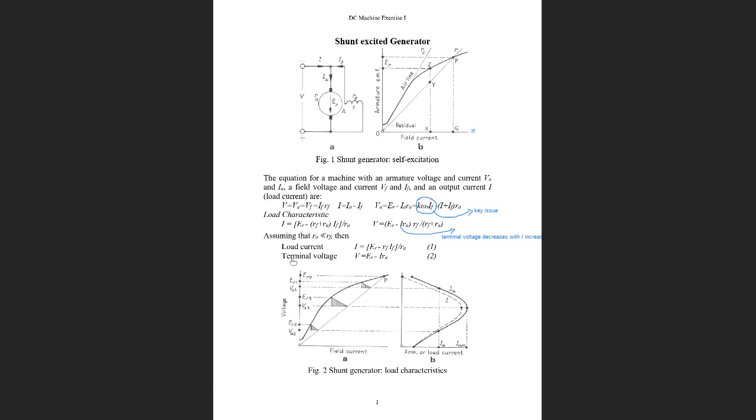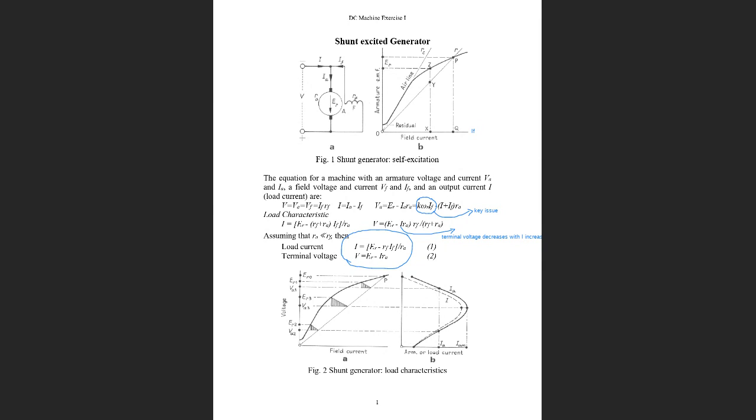It depends. The terminal voltage can now be simplified as V equals ER minus I RA, because we suppose RA is much smaller than RF, so RF over RF plus RA is approximately equal to 1. That's what we have. So we have these loading current and terminal voltage equations, which are very simple.